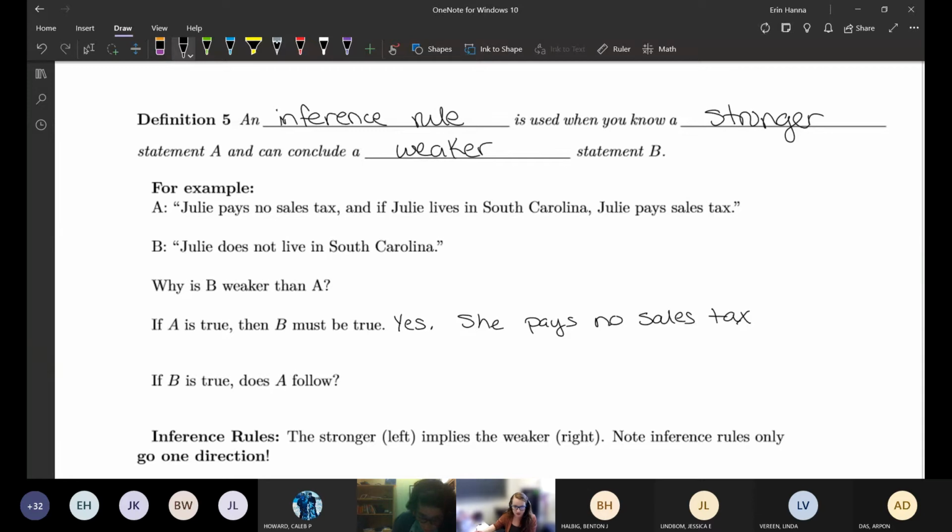If we're assuming A is true, we're assuming she pays no sales tax. And if she lived in South Carolina, I'll abbreviate that SC, she would pay sales tax.